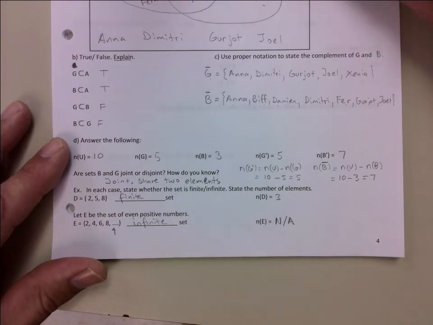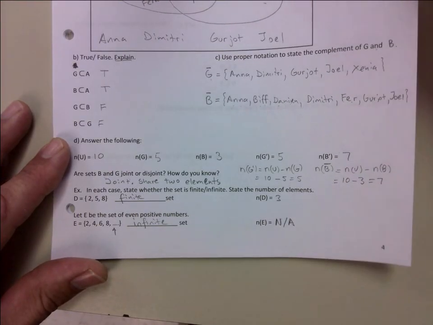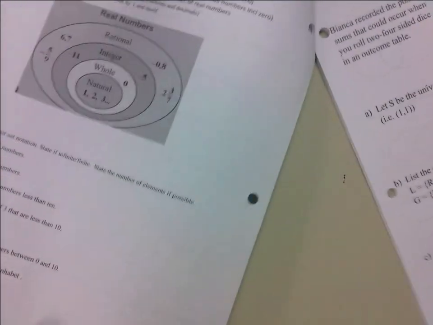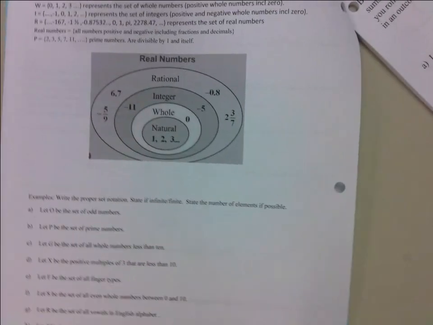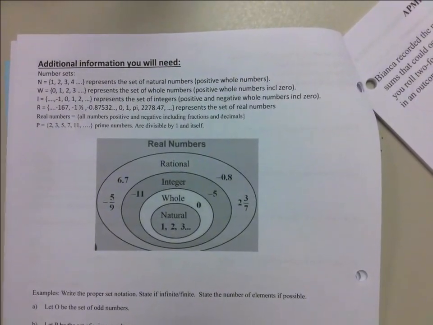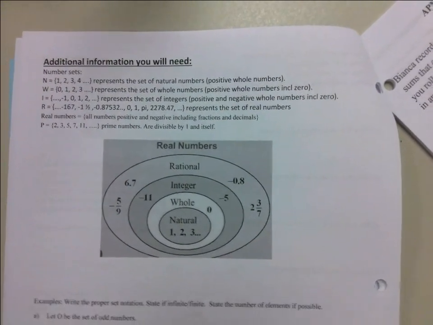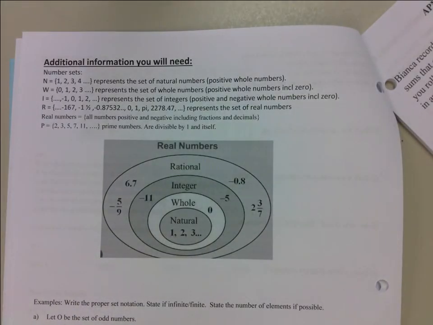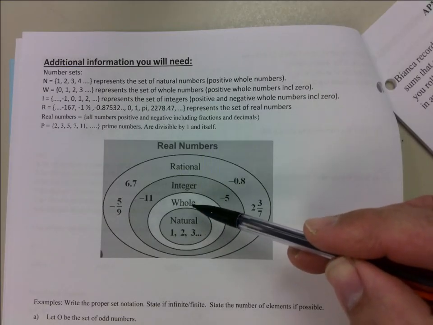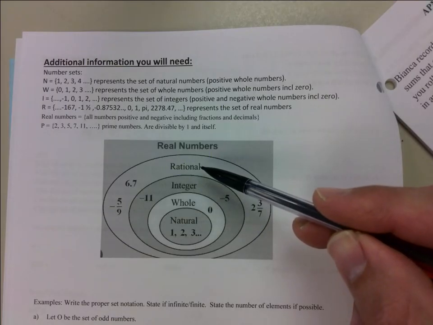Okay. Now let's go to 5. I think before I do 5, I'm going to hold it a little bit on that one. I want to draw your attention to page 7. I will strongly recommend that you know what are my natural numbers, what are my whole numbers, and so forth.